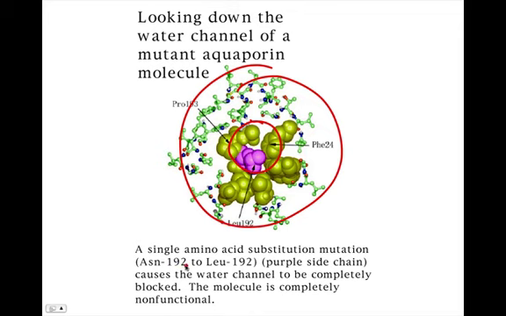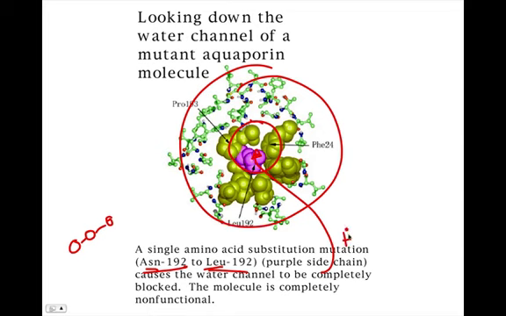And remember in the previous video I said that scientists just number amino acids in a chain, starting with the first one that's added. At position 192, this mutation led to a change from the amino acid asparagine to the amino acid leucine. And it is physically now blocking the channel so that water cannot get through.